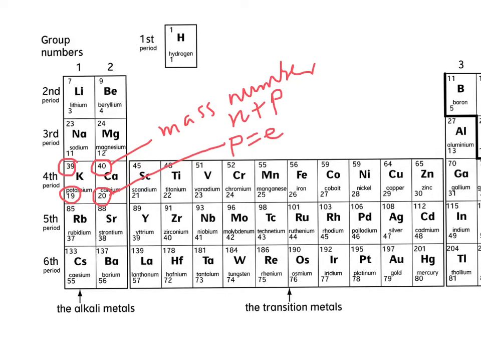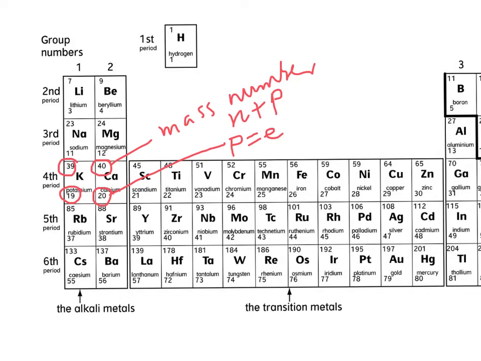So the proton number is a small number, and that is the same as the electron number, and the number of neutrons can be obtained by subtracting: 40 take away 20. So for calcium, the number of neutrons will be 40 take away 20, that's 20.